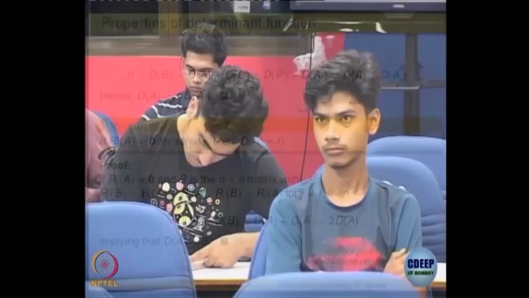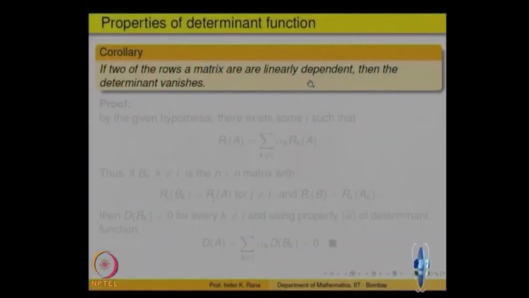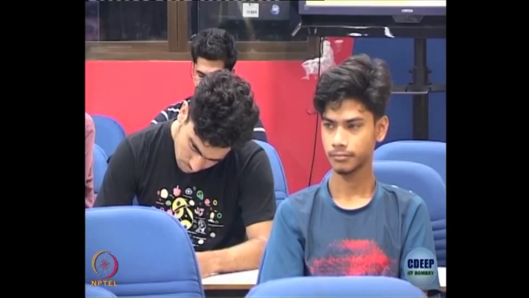Proof? Okay. Let us look at property 2, which says that if two rows of a matrix are linearly dependent, the matrix is written as row vectors R1, R2, Rn, and the ith row is a linear combination of the remaining ones, then what will happen?